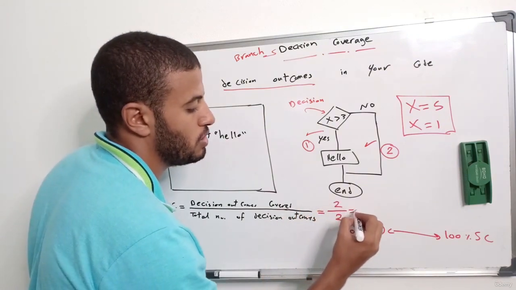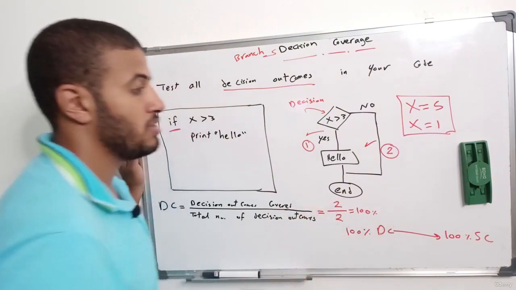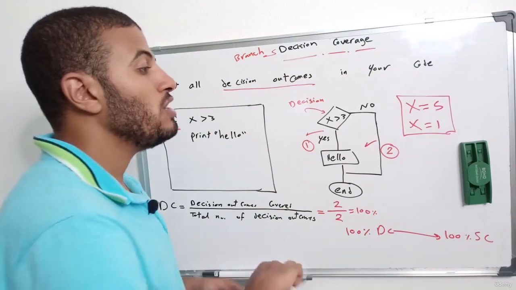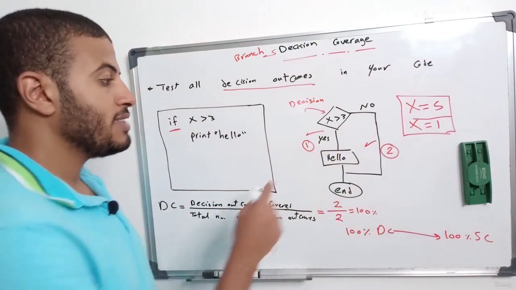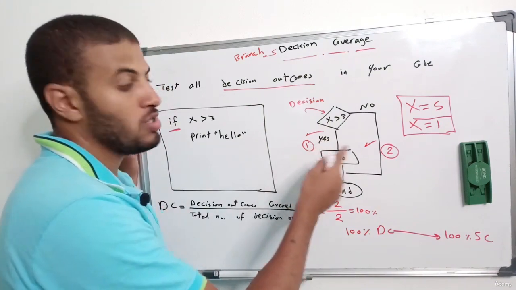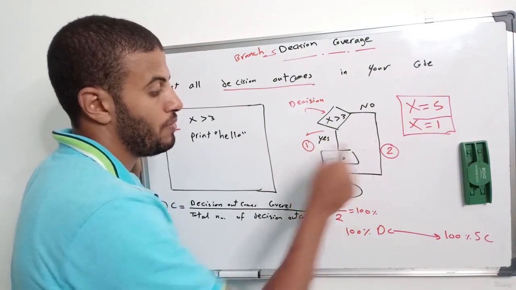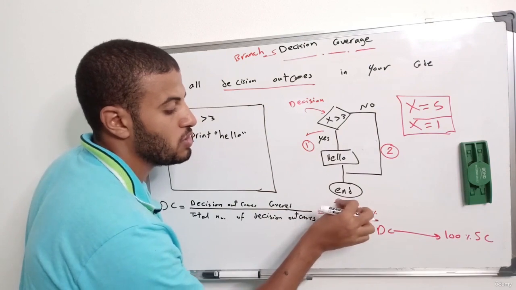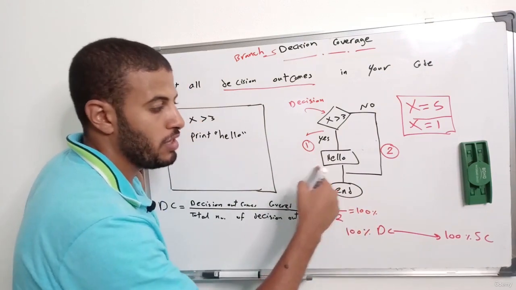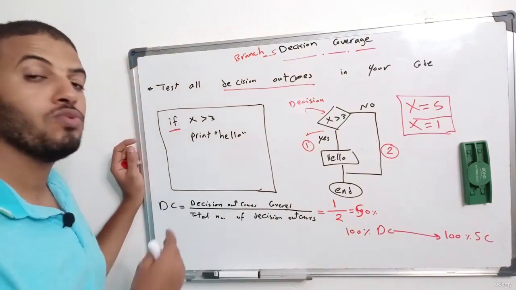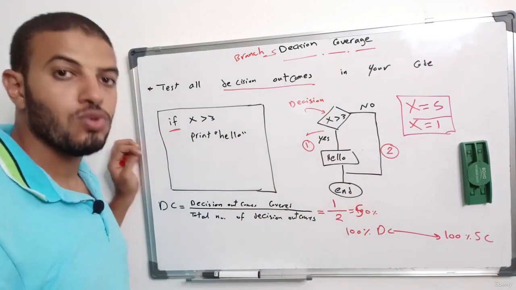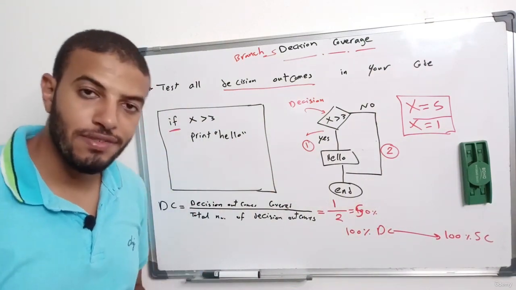So it is 2 divided by 2, which is 100%. But what if we had only one test case, which is x equals 5? In this case, we passed through the yes branch, but we did not pass through no. So decision coverage is 1 divided by 2, which is 50%. If we pass through no only, it is also 1 divided by 2, which is 50%.